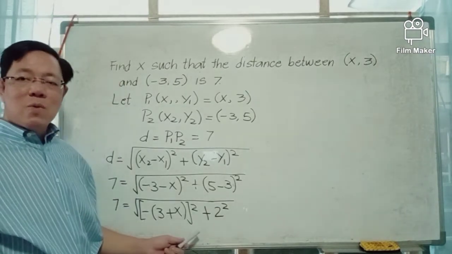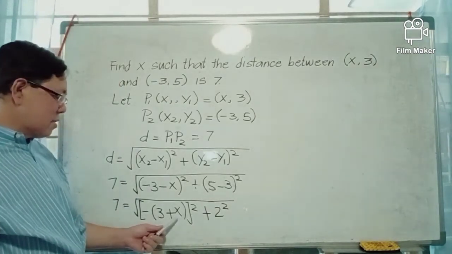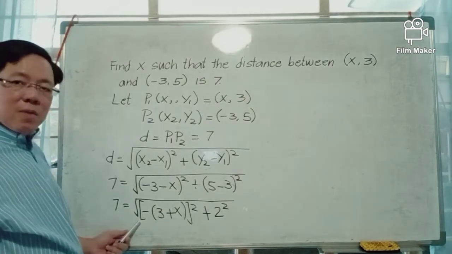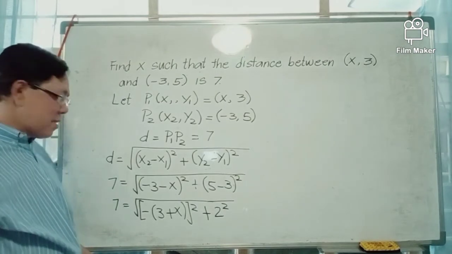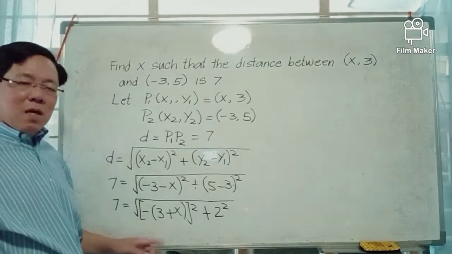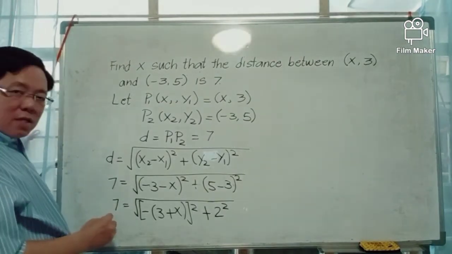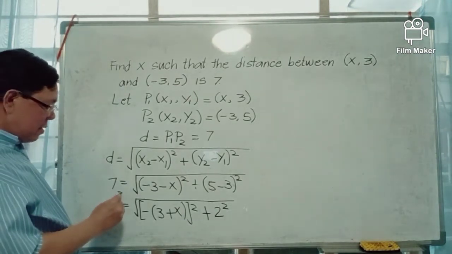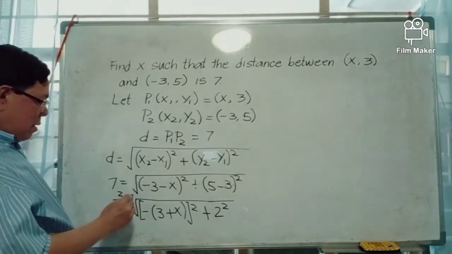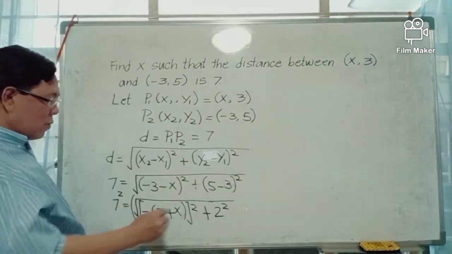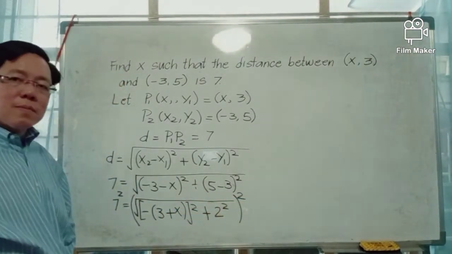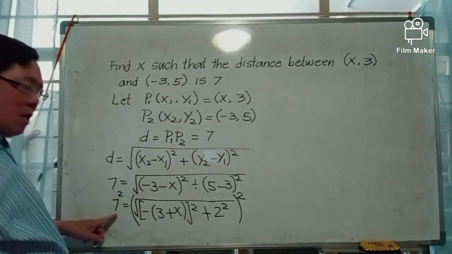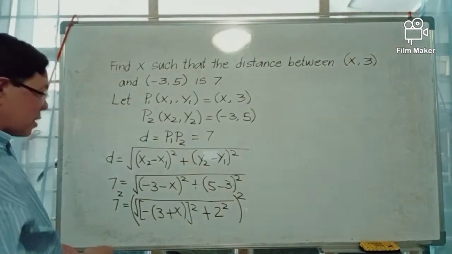From this equation, we will solve for the value of x. And we first remove the radical sign from the right by taking the square of both sides. We take the square of 7 and we take the square of the right side. The square of 7 is 49.